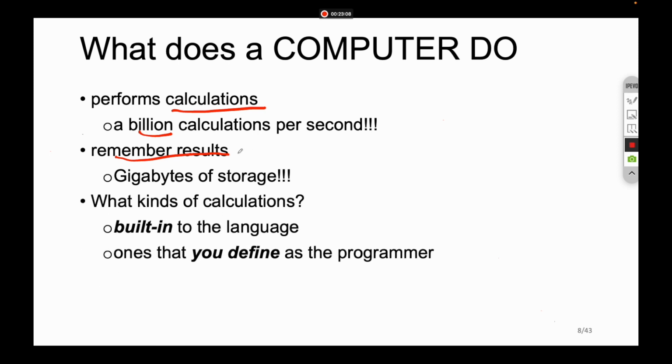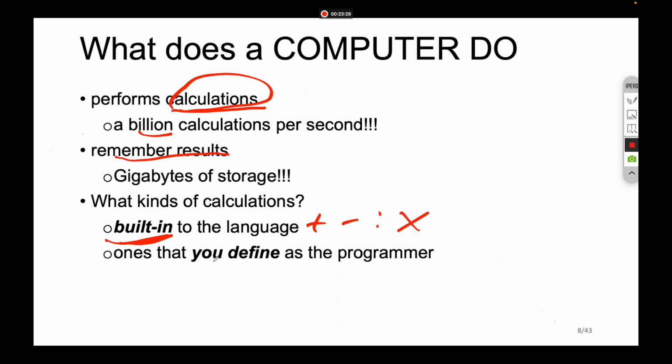And the last question is, what is the definition of calculation? We have two kinds of calculations. The first one is built-in calculation. It's very simple: minus, plus, divide, multiply.